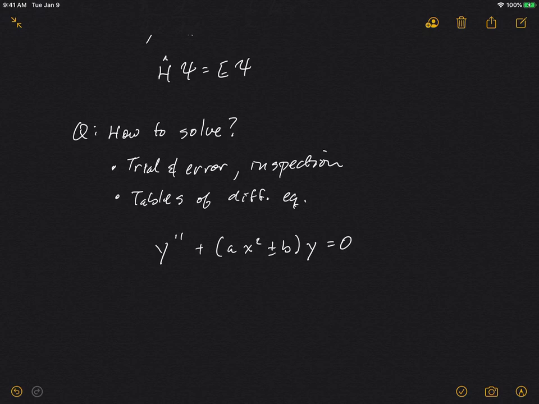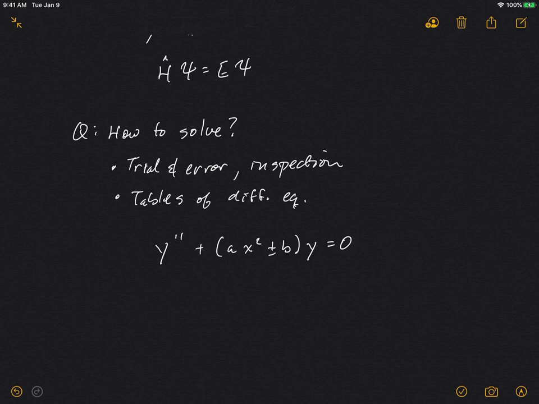Okay, so that's a fairly simple functional form. So you look for some kind of table of second order differential equations that have an x squared in them somewhere, in this kind of rough form.